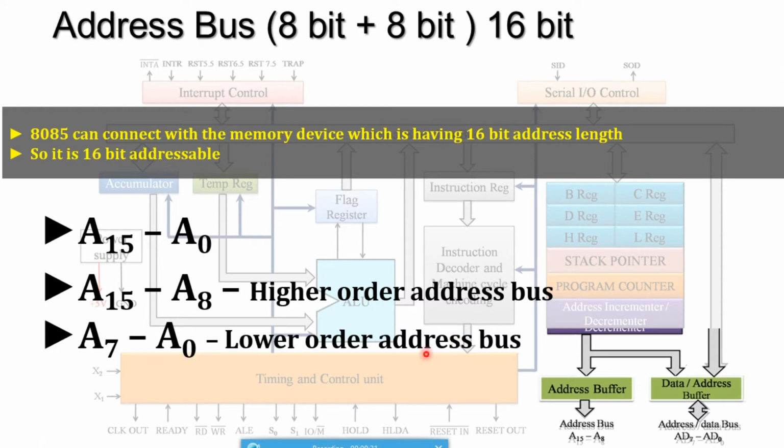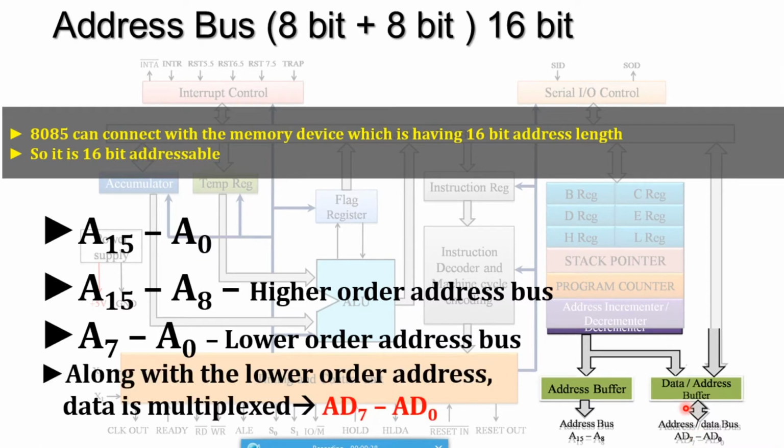So this bus is called the address or data bus, AD0 to AD7. Through this bus, data and lower order address are coming. Through the other bus, the higher order address is going. So this is the concept of the address bus and the address or data bus.